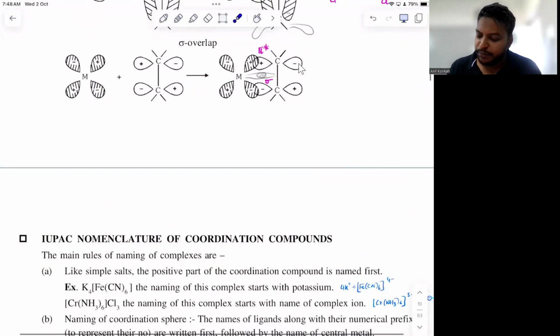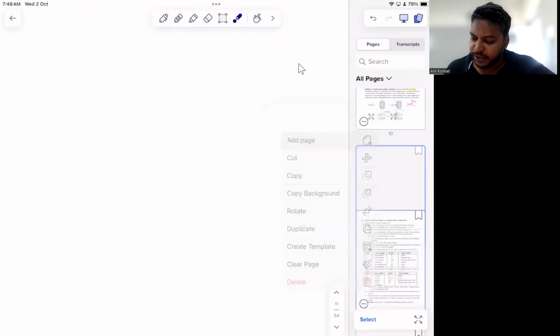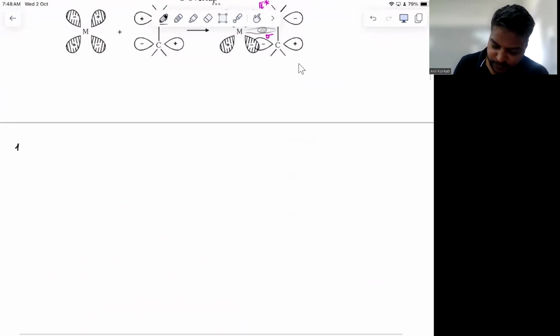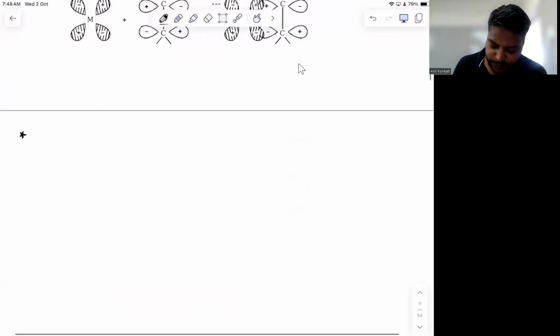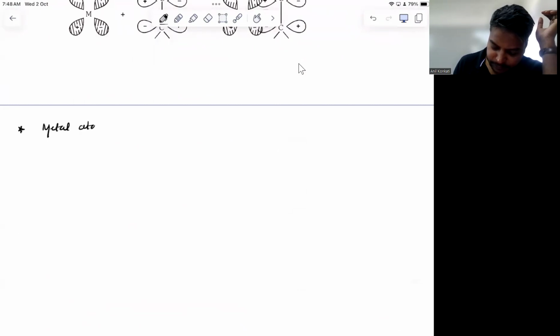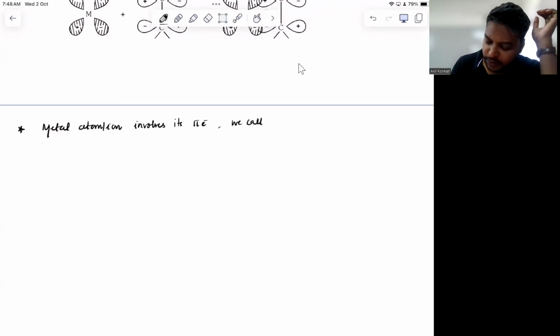A few important lines which I have not written here, but which I would suggest we should learn: first, if a metal atom or ion involves its pi electrons, then we call the metal ion or atom a pi donor.